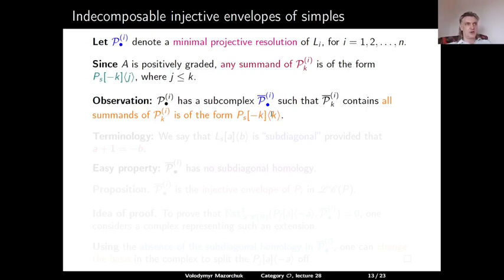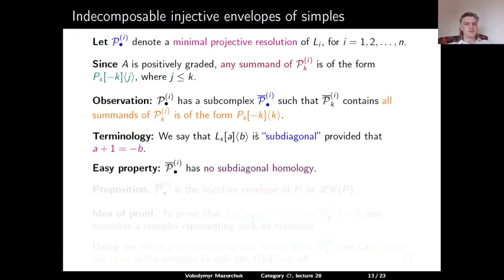It belongs on the diagonal which defines the linear complexes of projective modules. And we will say that a position is subdiagonal if it is one step below the diagonal which defines linear complexes of projective modules. It is very easy to see that the complex P-overlined has no subdiagonal homology.